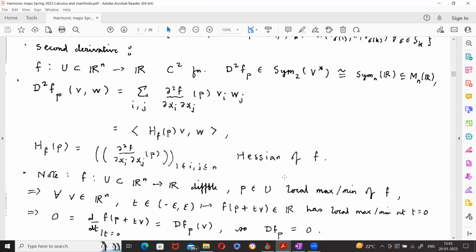Okay, so that's what the second derivative is. The higher order derivatives are just k-multilinear functions, symmetric k-multilinear functions. That's all we can say, right?